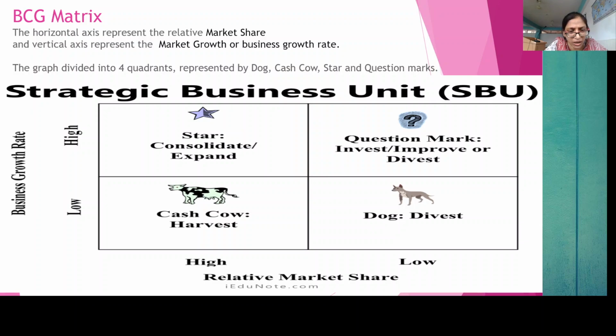As a company, we need money, and this cash cow is giving us maximum profit compared to the investment we made. We are not investing that much in this quadrant, but we are generating more cash that can be used to promote other products which are not performing that well.